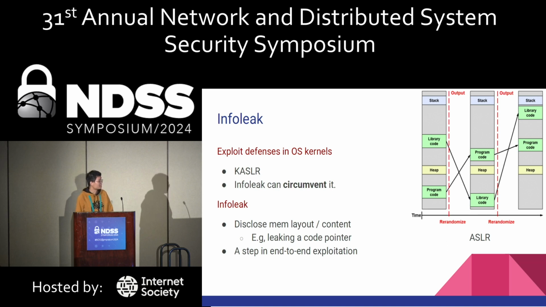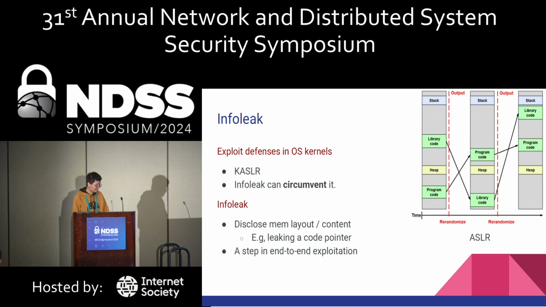As you can see in the figure, this is ASLR, not KASLR. I cannot find a figure for KASLR, but it's similar. It randomizes different kernel regions at boot time. Therefore, at runtime, the attacker doesn't know the exact location of, for example, kernel code or kernel heap location.